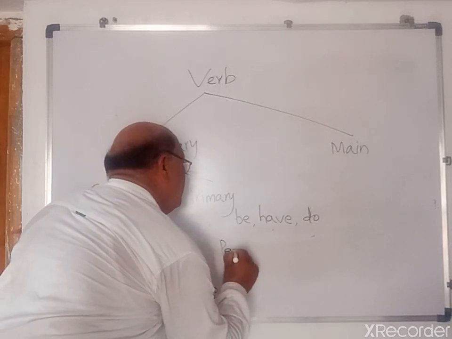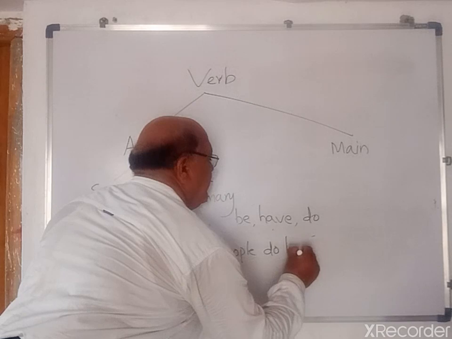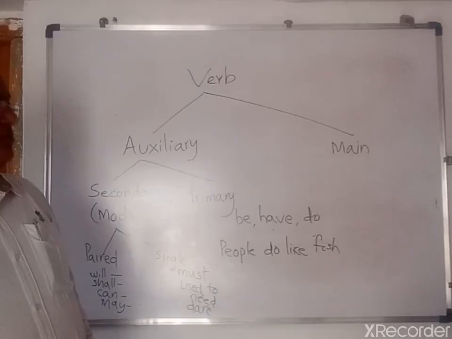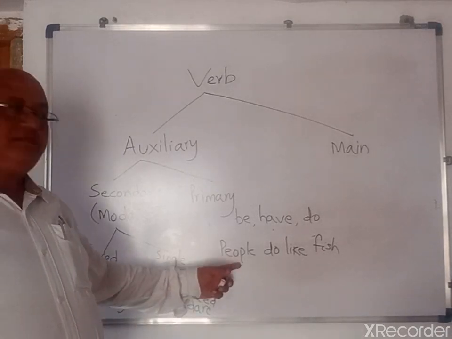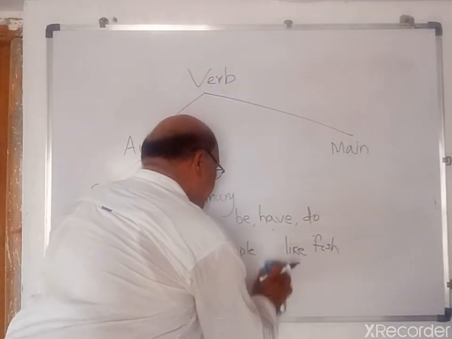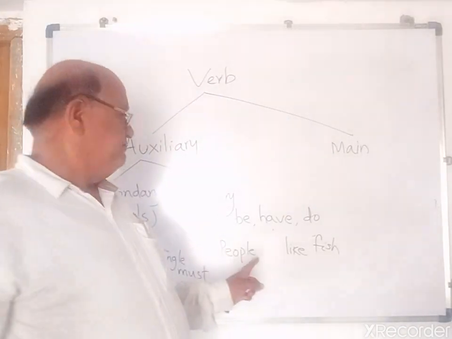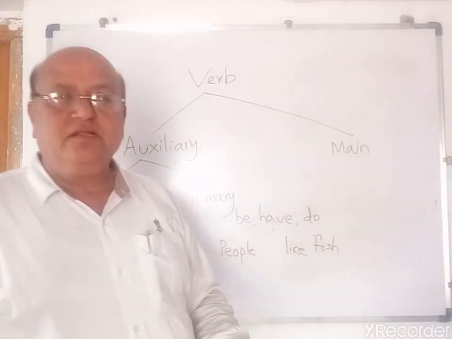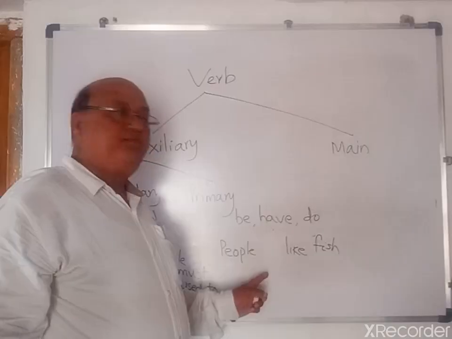People do like fish. We do not have sentences like this. We have sentences like people like fish. When we ask our learners to make it a question, our learners fail here.